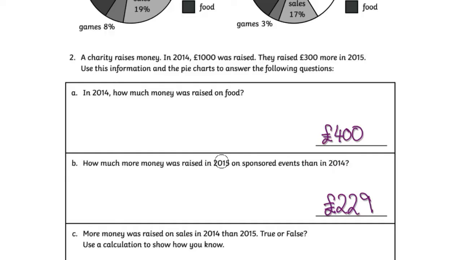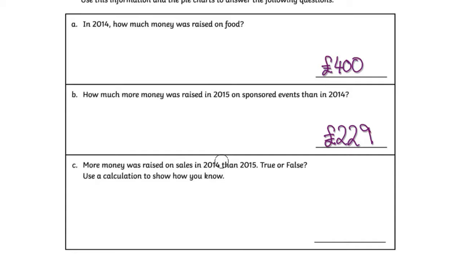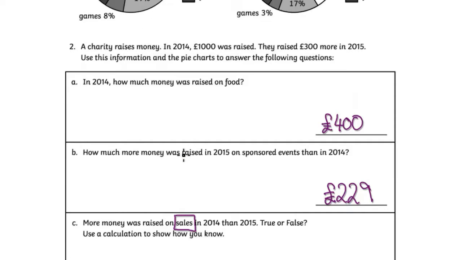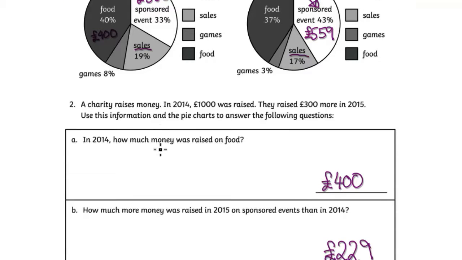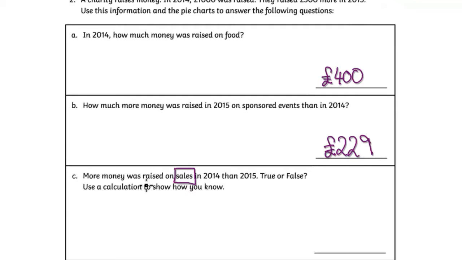So the last question: more money was raised on sales in 2014 than in 2015, true or false? What's important is sales. So let's look at the pie charts here. We've got to look at sales, and then sales. It's saying that more money was raised on sales in 2014.